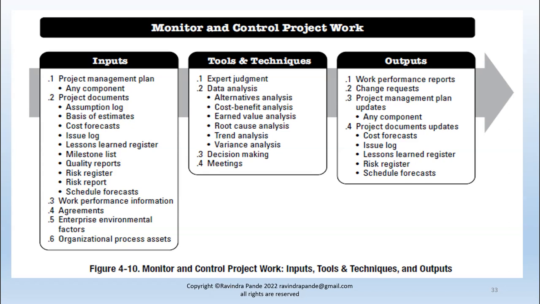As we mentioned in tools and techniques, there are expert judgments to be leveraged. Data analysis in terms of alternative options for a given execution or construction or building are normally analyzed. Then we choose a cost benefit ratio for a given activity to be implemented, adopted for a given task, activity or work item.